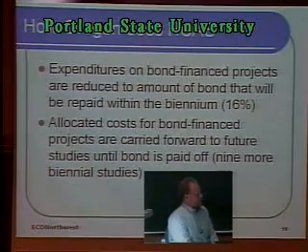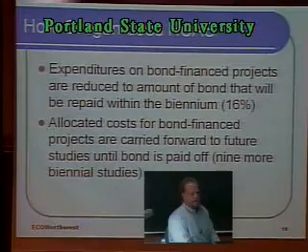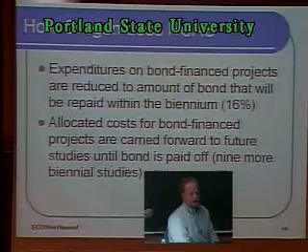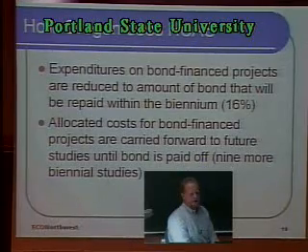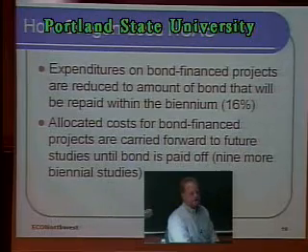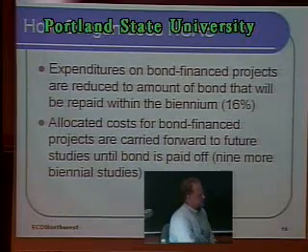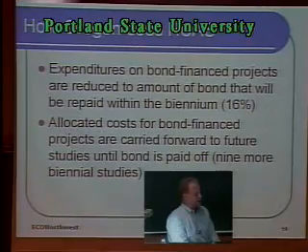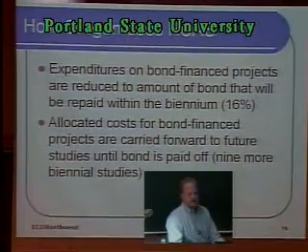And the way Oregon has decided to treat those expenditures is to take the portion of the bond revenue that will be repaid within the upcoming biennium, which is about 16% of it, and use that dollar amount rather than the full amount that was expended during the biennium for those projects. And then the allocated 16% gets carried forward and added into the allocated costs of each of the next 9 studies.